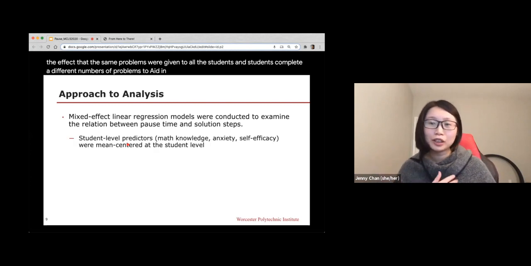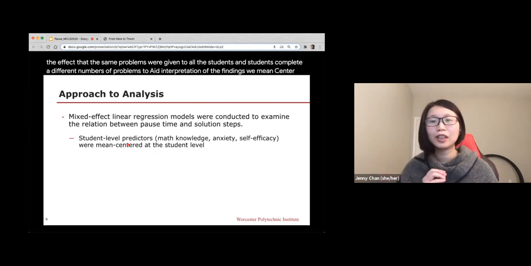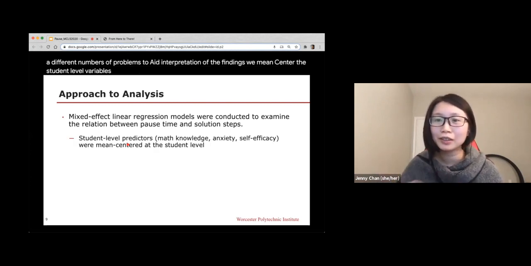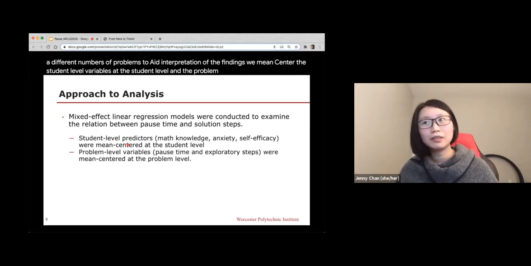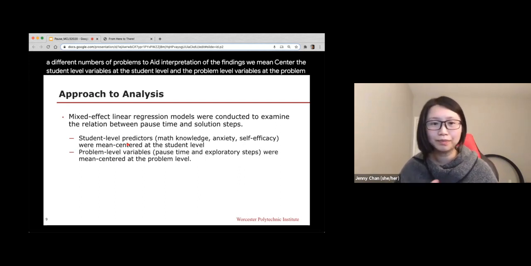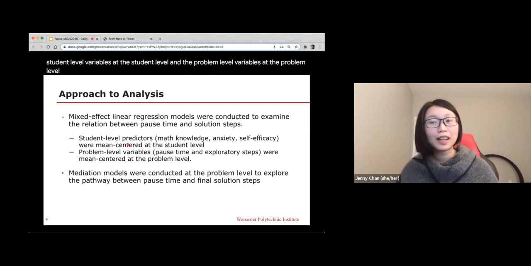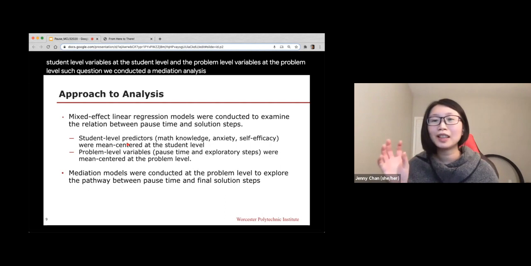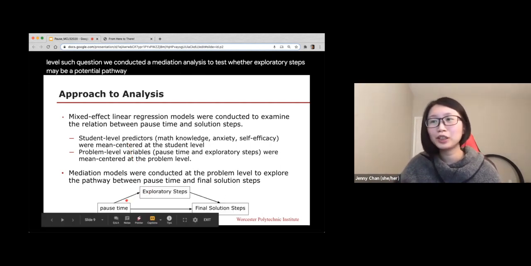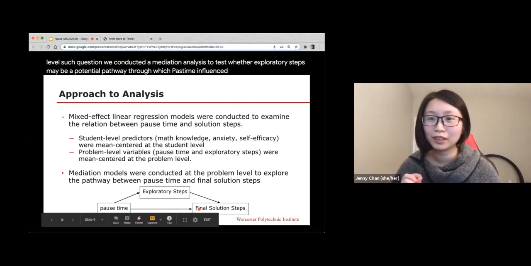To aid the interpretation of the findings, we mean centered the student level variables at the student level and the problem level variables at the problem level. And to address our final research question, we conducted a mediation analysis to test whether exploratory steps may be a potential pathway through which pause time influences students' final solution steps.